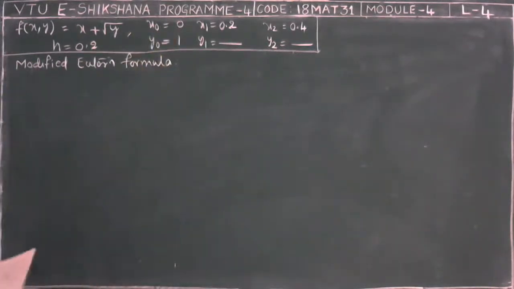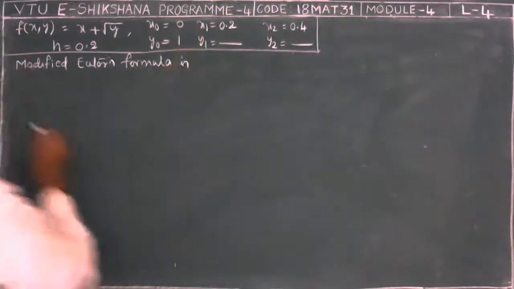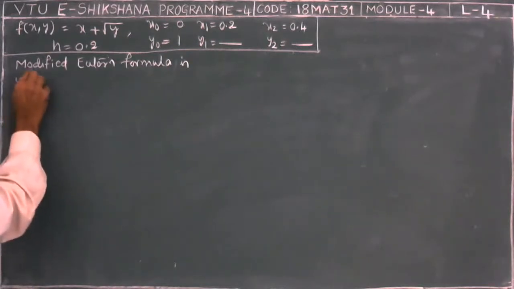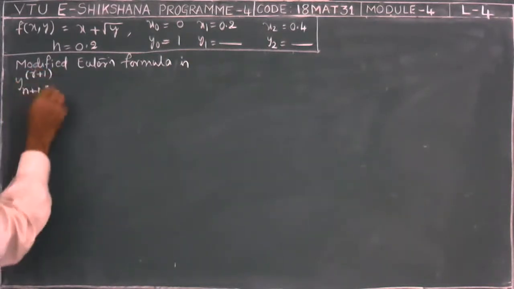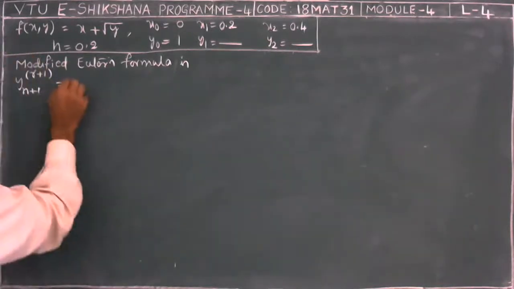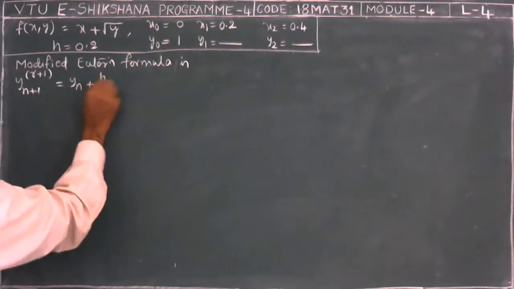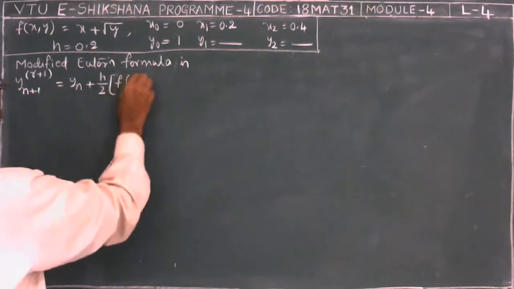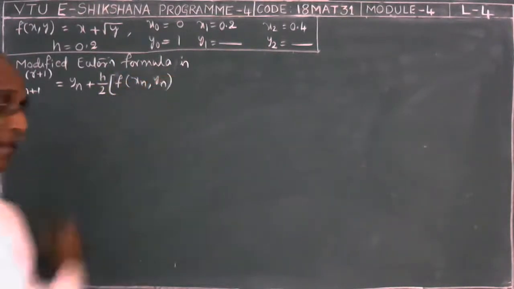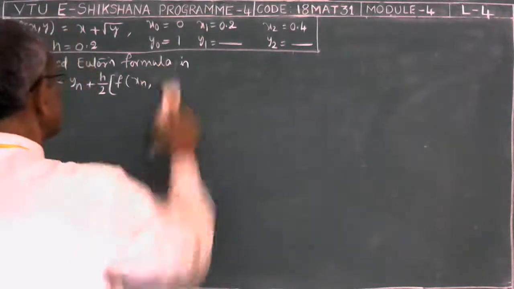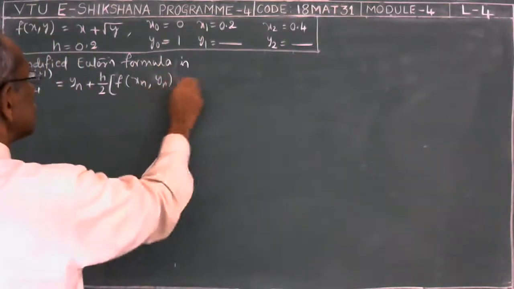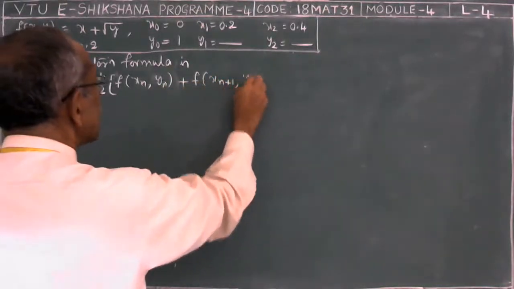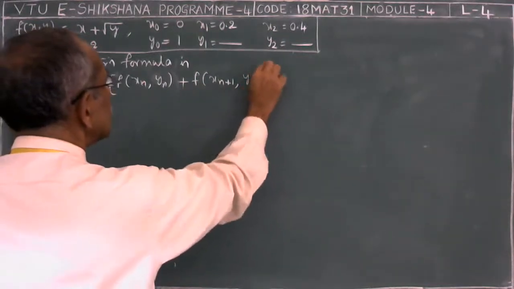What is the Euler's modified formula? y n plus 1 superscript r plus 1, this is for the iterations, is equal to yn plus h divided by 2 into the bracket f of xn comma yn plus f of xn plus 1 comma yn plus 1 superscript r.